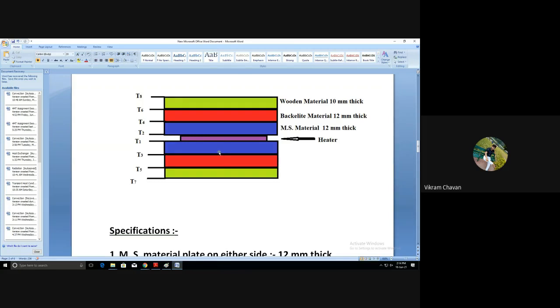If the resistance offered for the heat transfer is the same.